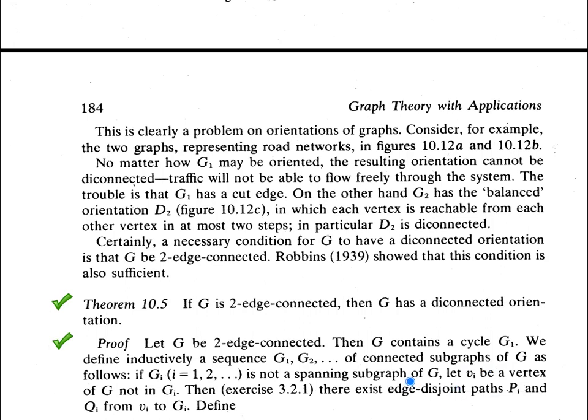And then we can start with the cycle G1 and recursively build more and more subgraphs, one out of the other, in a simple way, which is this.